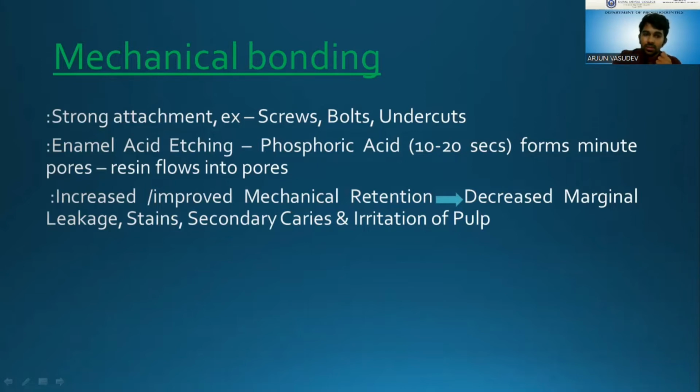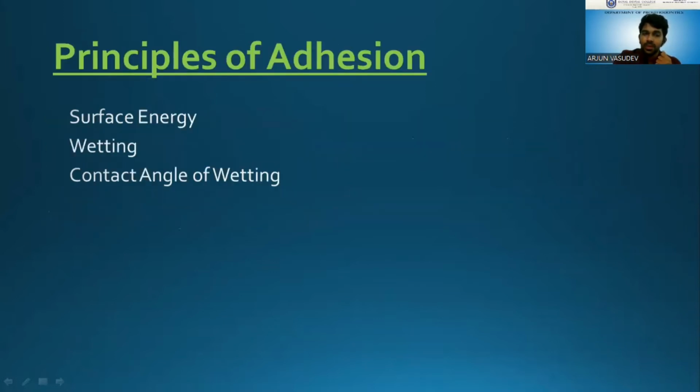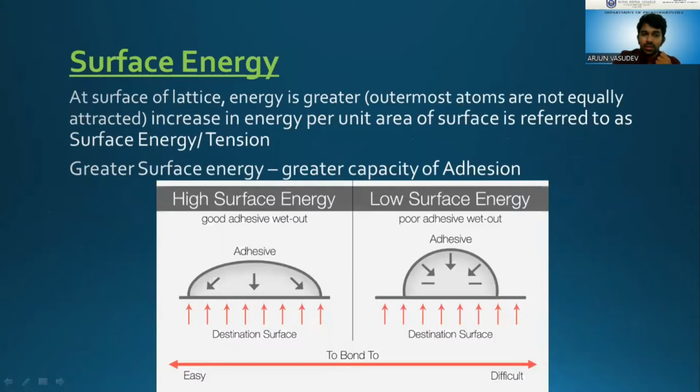Increased or improved mechanical retention causes decreased marginal leakage, stains, secondary caries, and irritation of the pulp. So, as explained, bonding is very important in dentistry. Principles of adhesion: surface energy, wetting, contact angle of the wetting.